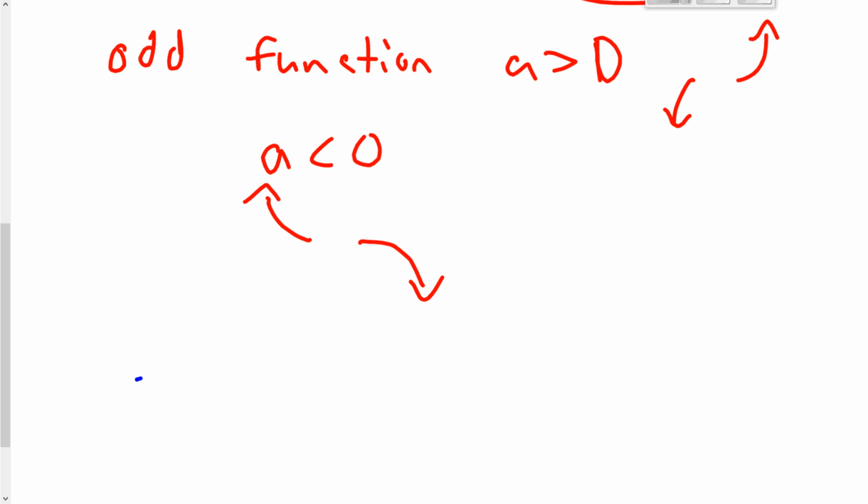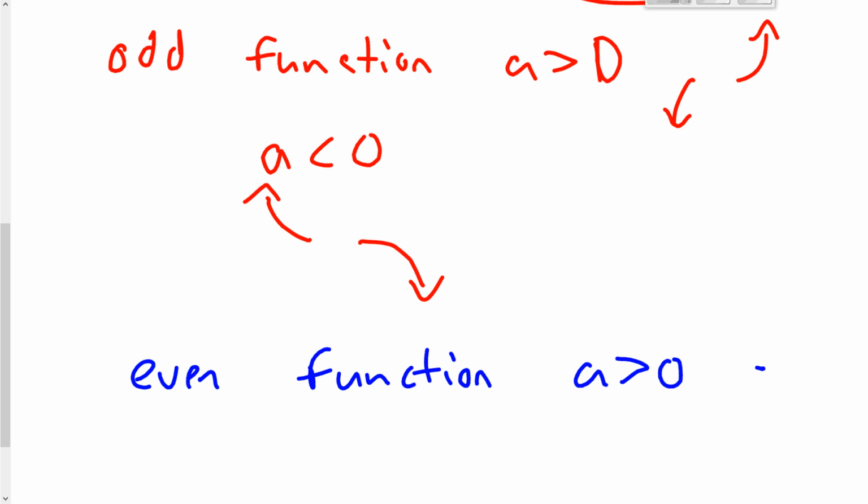If the degree is even and a is greater than 0, so it's positive, it's going to face up on both ends.